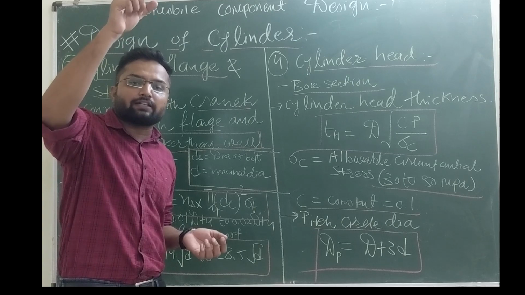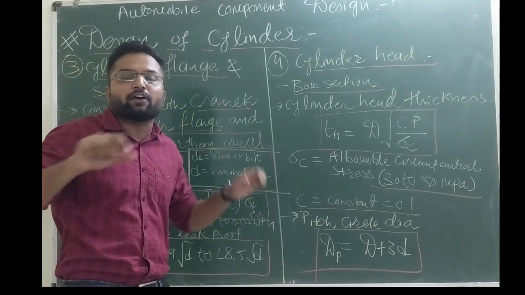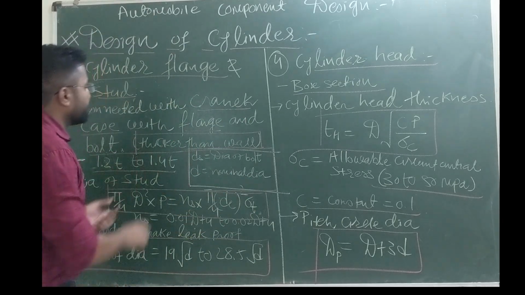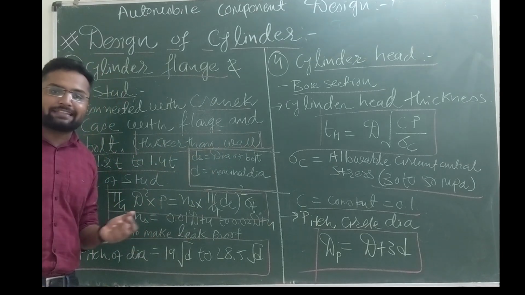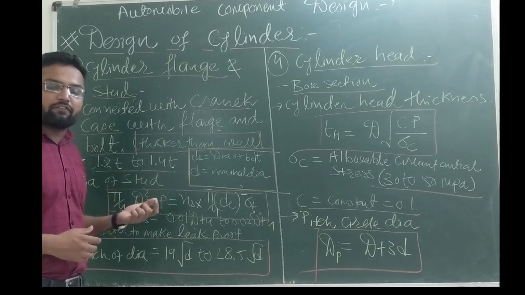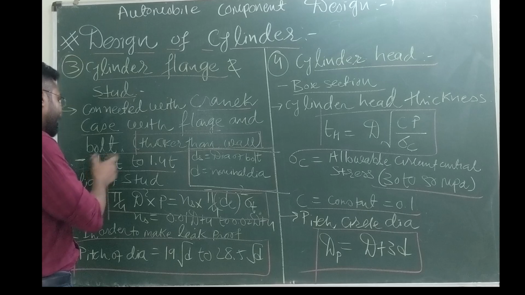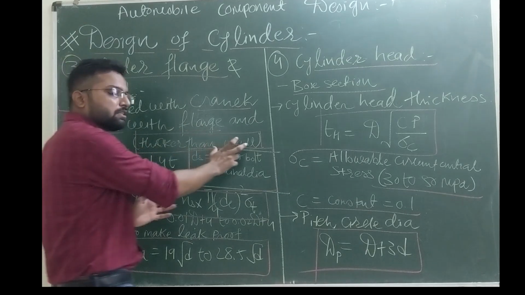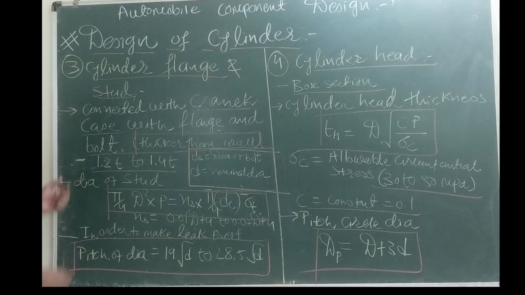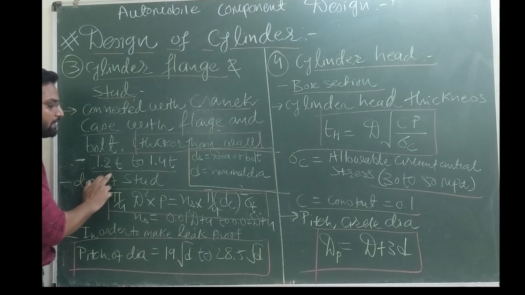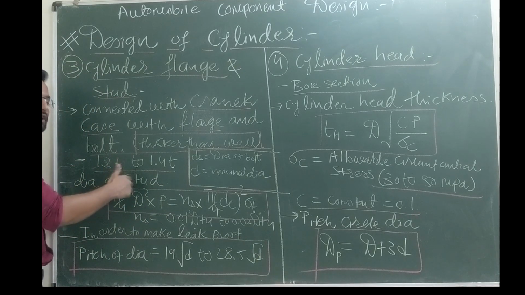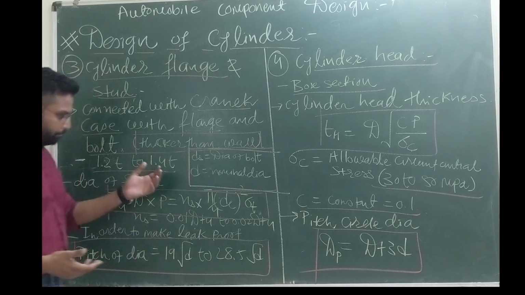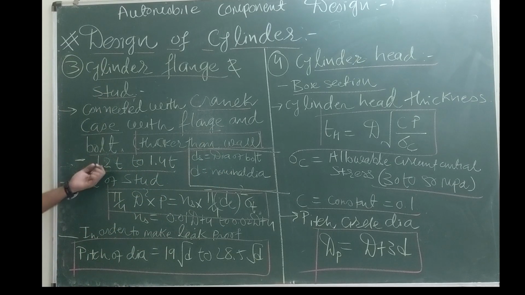This cylinder block and this flange are made as a single-piece component, but this flange is way thicker compared to the cylinder wall. If the thickness of the cylinder wall is t, then the flange thickness will be 1.2 to 1.4 t, which is increased.